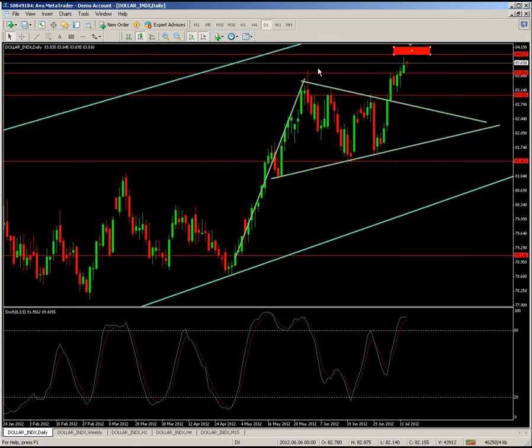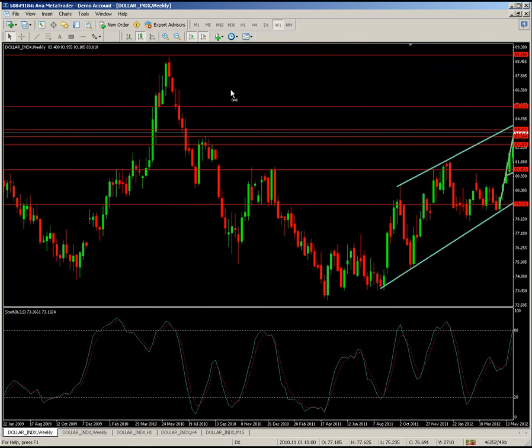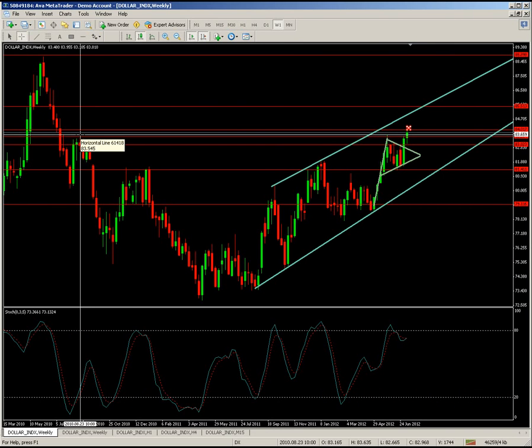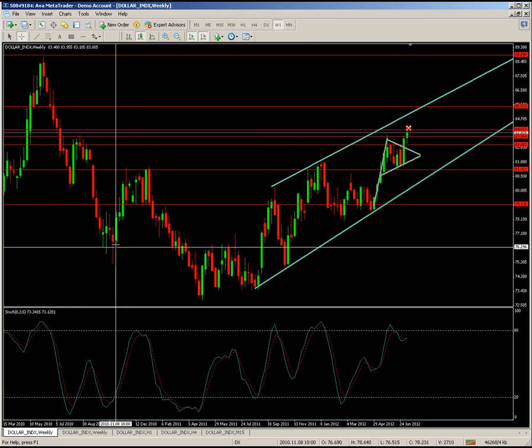The 84 area, if we go back to the weekly chart, we can see that this whole zone is a zone of resistance. As you can see in 2010, this is a weekly chart by the way, we've had a turnaround here, like a retest, breakthrough, retest, and then continuation pattern.